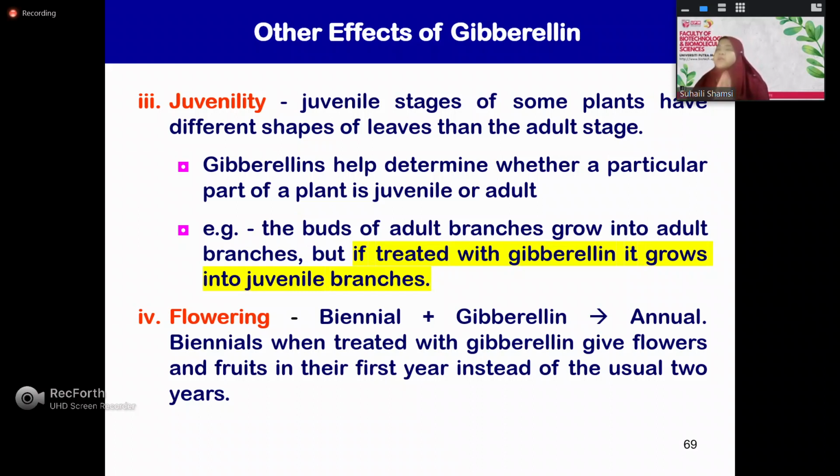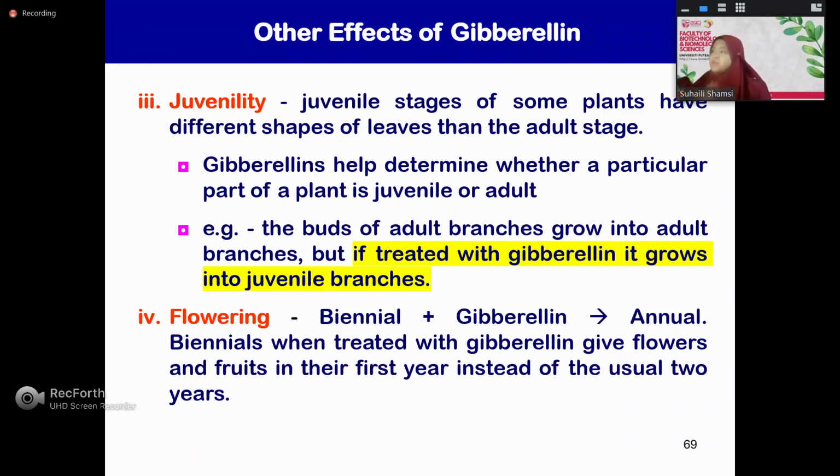If gibberellic acid is supplied to them, it's just like the juvenile hormone in insects, where juvenile hormone is being produced in order to keep the insects from being an adult insect at the wrong time. So it's the same thing with gibberellic acid, the function, the effect here.